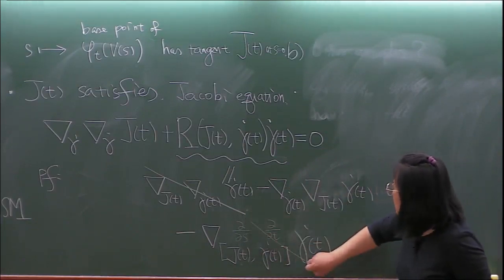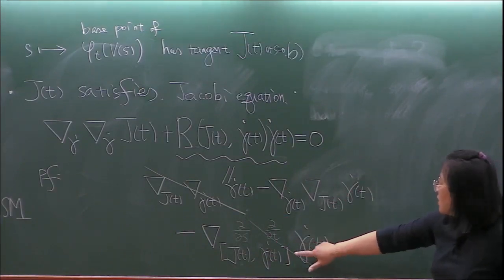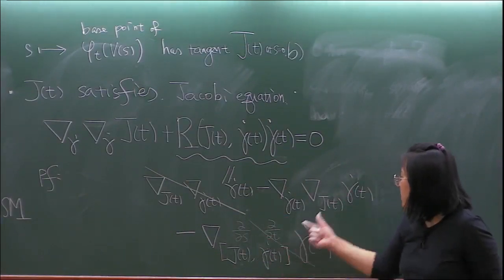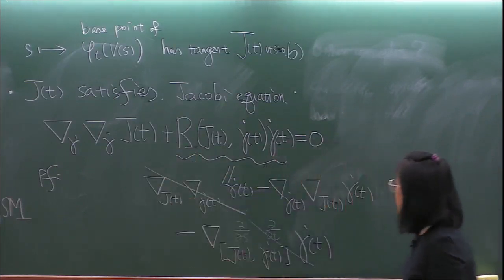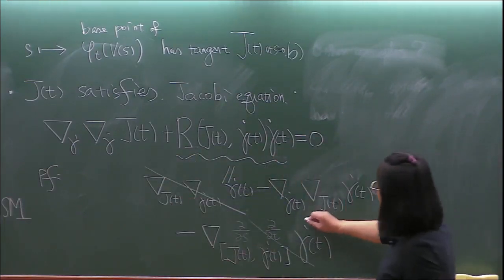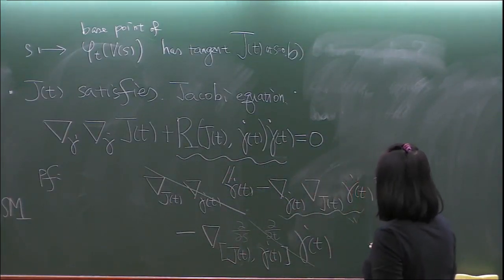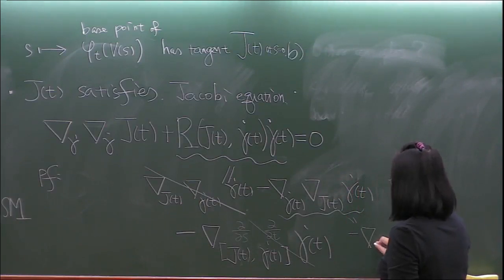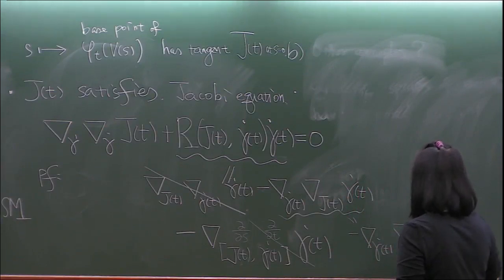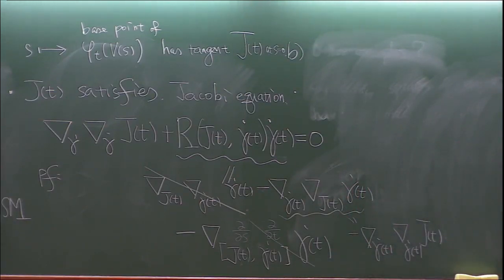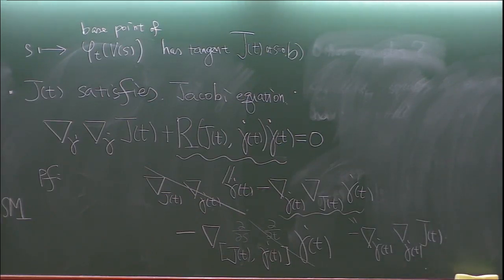So this part also disappears, and you use this bracket is 0, then you can exchange this, and so you will go to this part. Okay, so the only term left is equal to minus the curvature term. Okay, so this is the proof of this.